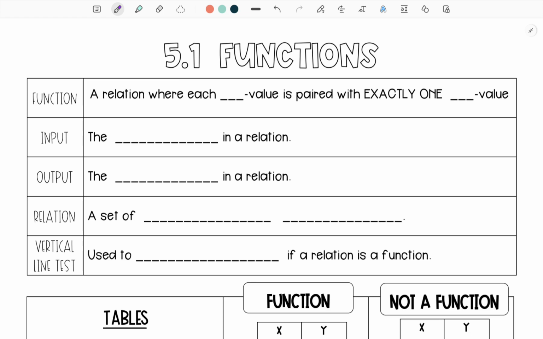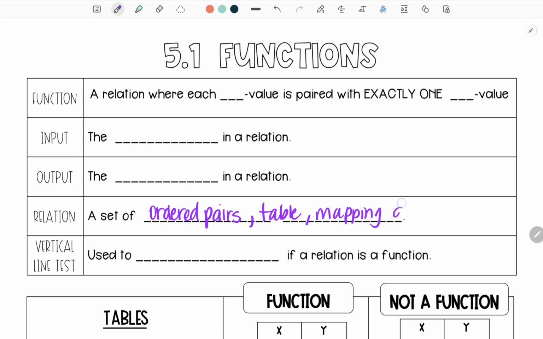Then I'm going to skip down to relation first. And a relation is just a relationship between two or more sets of values. So in our case, we're going to think of it as a set of ordered pairs, even though sometimes it's not always written as ordered pairs. It can also be written as a table, or it can also be written as a mapping diagram.